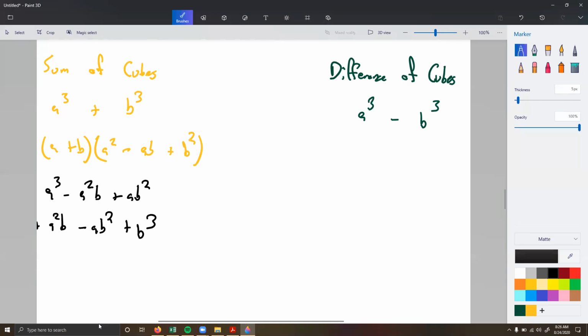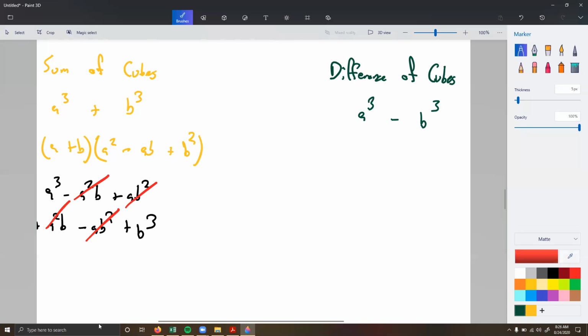And the beautiful thing about this is so many things are going to cancel when we actually do this foiling out. You have a minus a squared b, you have a plus a squared b. If you have a plus ab squared, you have a minus ab squared. So those are gone. So we're back to where we started. So just to quickly show you, here's the formula, here's proof that it works. Yay.